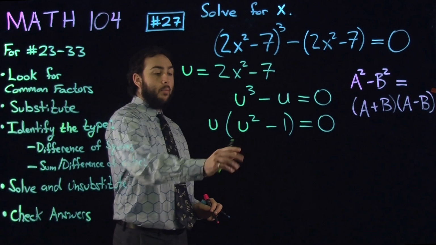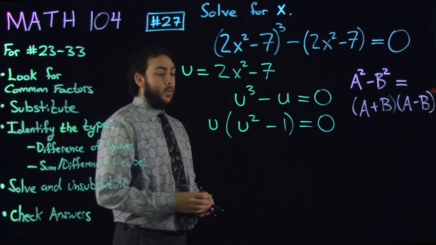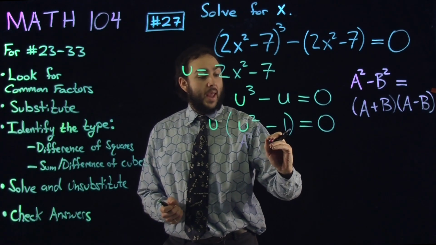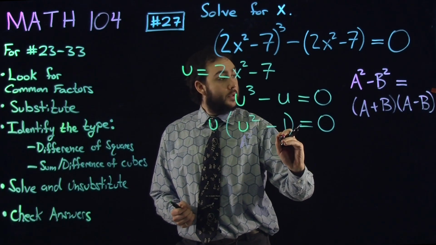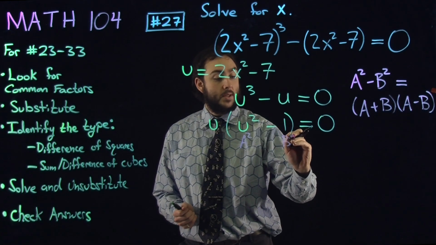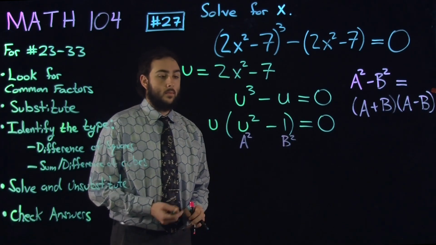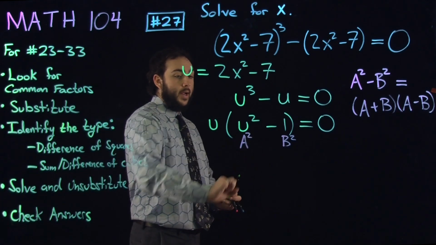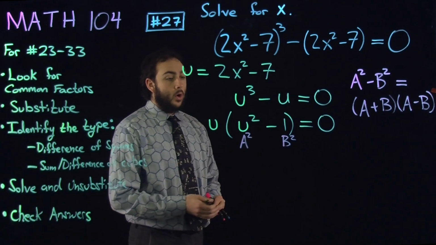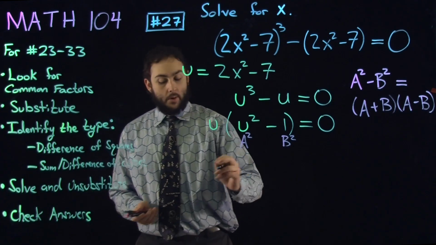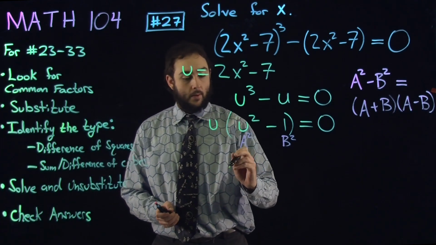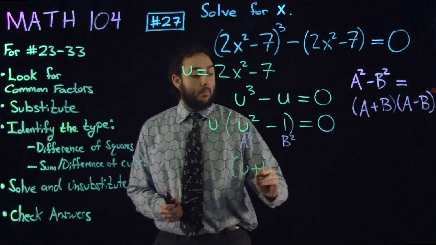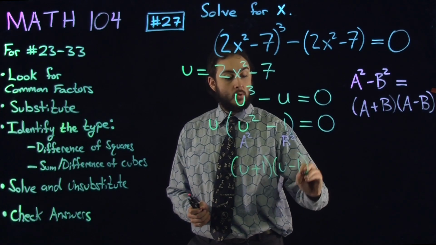So in this problem, u squared is playing the role of a squared, and 1 is playing the role of b squared. So this quadratic will factor as a plus b, or u plus 1, times a minus b, u minus 1.